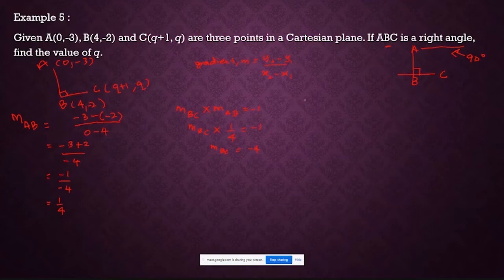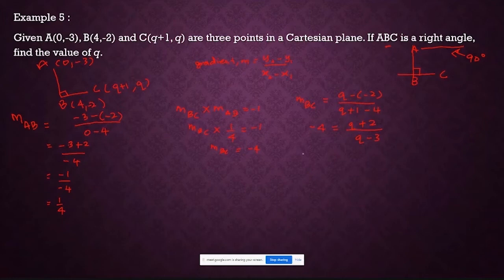Okay, so our gradient for m BC is q minus negative 2 over q plus 1 minus 4. The value of m BC is negative 4 from our calculation before. So q plus 2 over q minus 3.